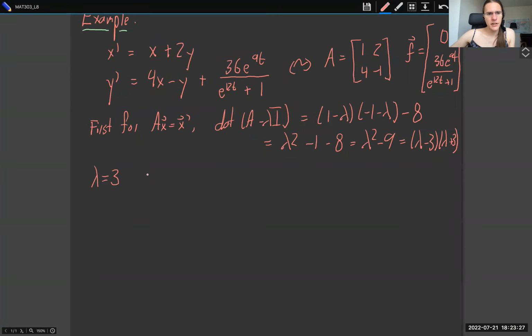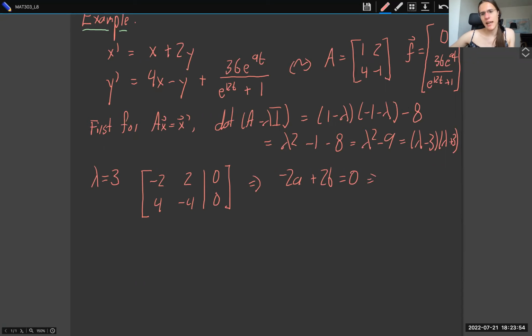what we're going to consider is basically we're going to subtract 3 from the diagonal. So we're going to get -2 here, we're going to get 2 here, we're going to get 4 here, and we're going to get -4 here. And the rows are linearly dependent. So what this really gives us is just the constraint that -2a plus 2b is equal to 0.